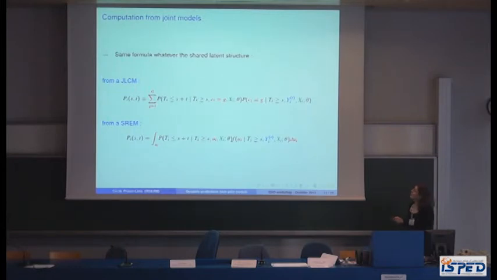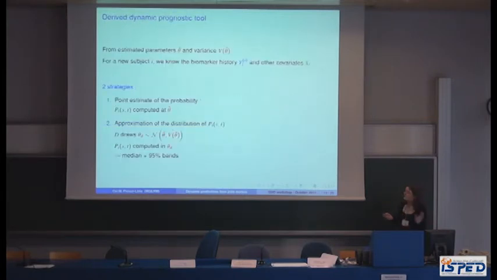So based on that, we have predictions, and now we want to provide some dynamic prognostic tools. In a second step, we have to say that now we have estimated our model. We have theta hat and the variance of theta hat. So everything is estimated, and we have a subject i. We collected this information until, let's say, today, time S, and we have the other covariates.